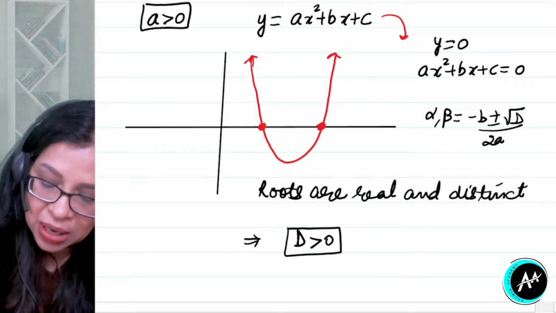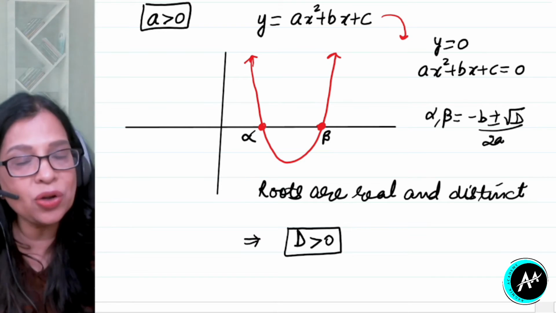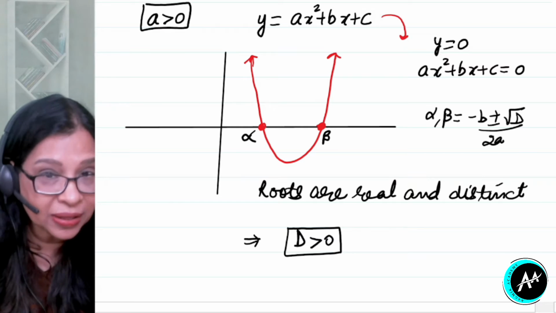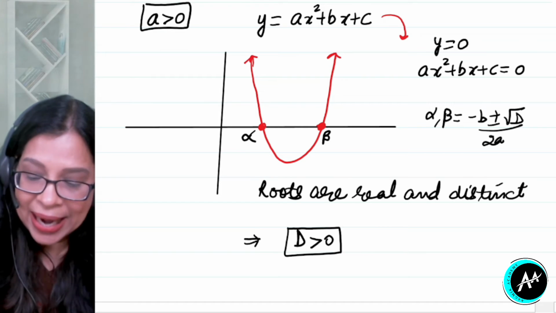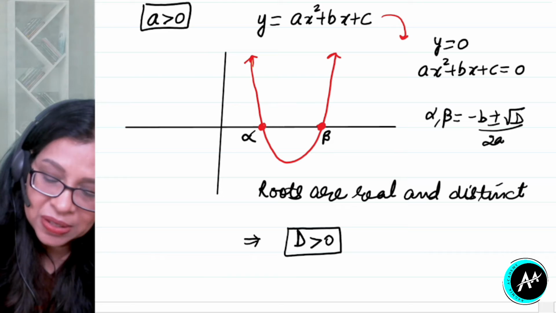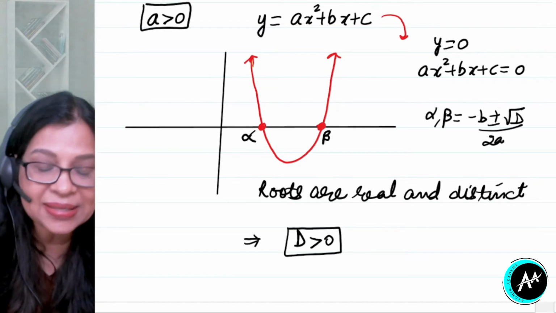And these roots are alpha and beta. So these are the points. These are the values of x for which y is 0. Alright. Also observe one thing. You can see that before alpha, look at this part of the graph. This part of the graph you can see is above the x-axis.